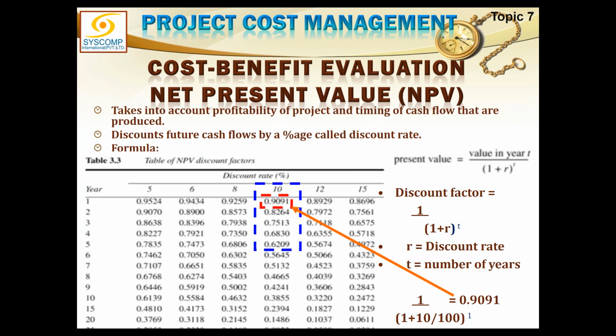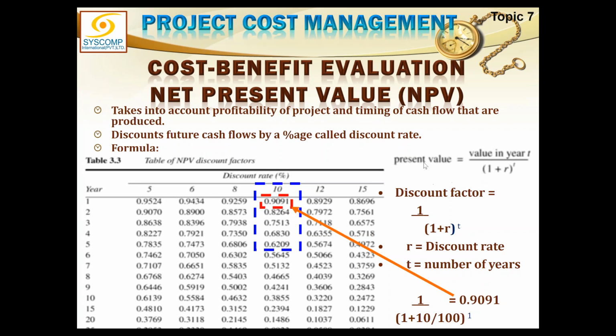By the way, interest rate applies to the future values. If we want to calculate the future value from today onwards, it will be interest rate. But when we calculate backwards, the money which is going to be realized today from a future amount, that is not interest rate, that is called discount rate.